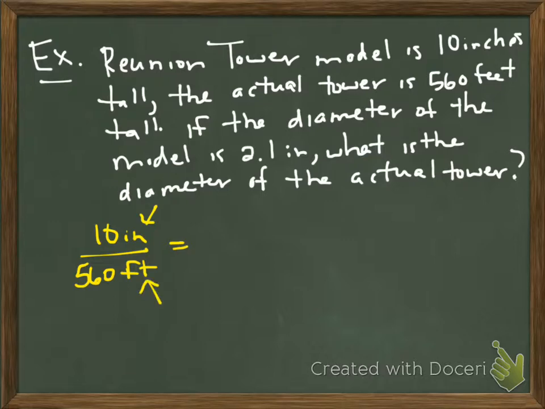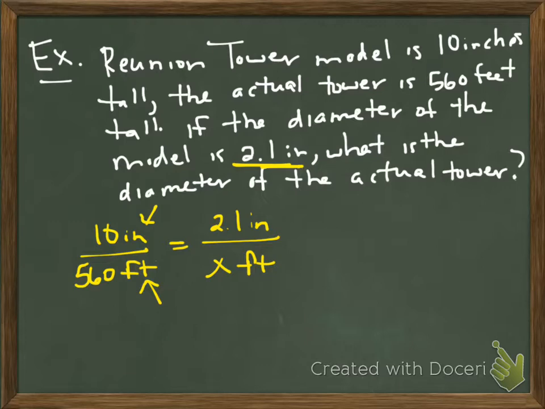So if I have inches on top and feet on bottom here, I need to put inches on top over here, which actually gave me that value of 2.1 inches. So I need to figure out what x feet is. And so now we've set up our proportion that should help us determine what the actual diameter of the Reunion Tower ball is.